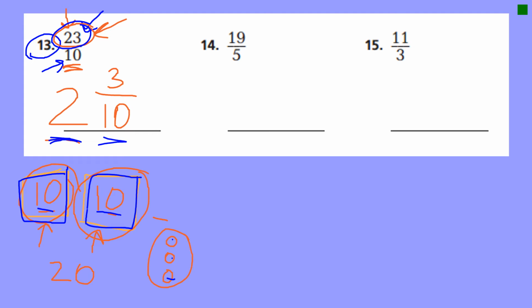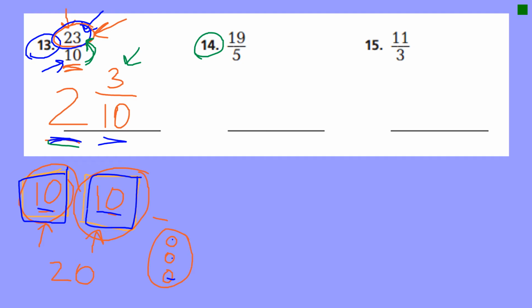You might think of it like how many whole times can 10 go into 23? 10, 20. 2 whole times. With how many left over? 3. Let's do number 14, guys, okay?